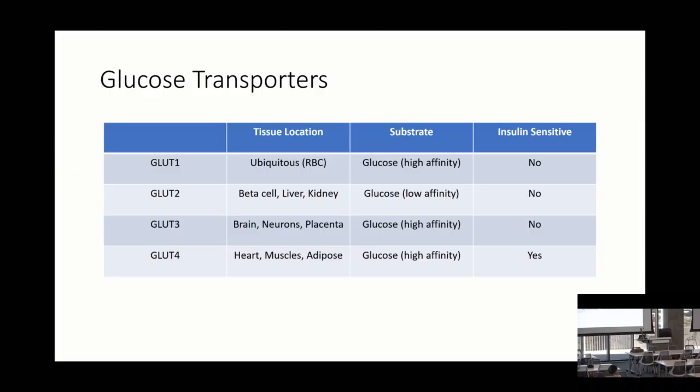By having a higher threshold, you only release insulin when the glucose is high. Whereas in cells like red blood cells, you don't want to make it difficult to get glucose. You want it easy, because you want the glucose to get into the cells. So it depends on the physiologic needs of the individual cells. That's what drives which transporters are where.